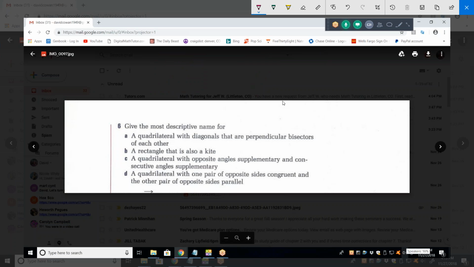A rhombus, maybe? Let's see. If I draw a rhombus that's not quite like a square, that would be a kite. In other words, can you draw a rhombus that's not a square? Yeah, you can. Well, I got a feeling those do bisect one another.